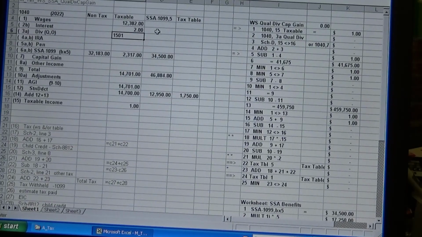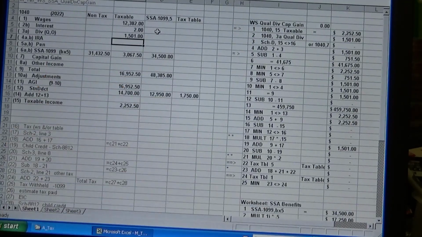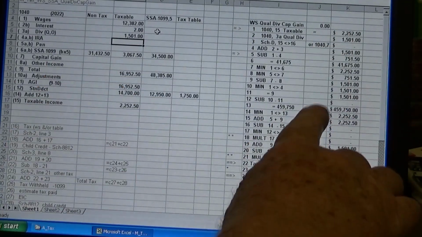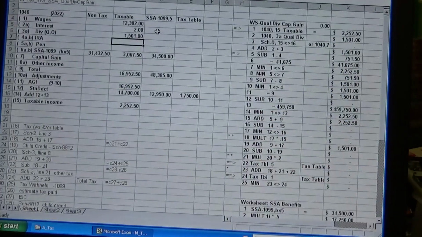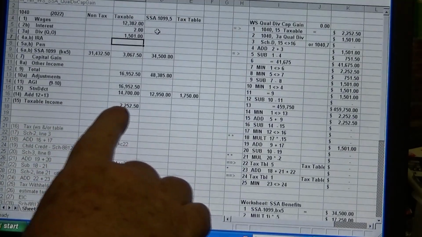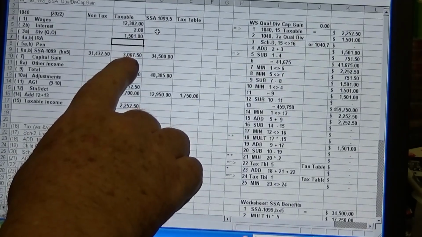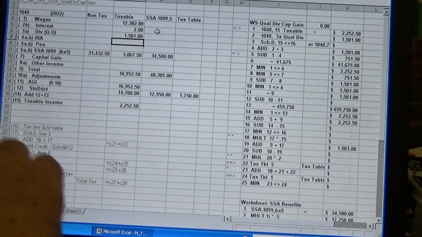So there's our dividend, and the spreadsheet is automatically adding it up, and the qualified dividends is also automatically responding. And our taxable income is now up to $2,252. And taxable Social Security has come up.